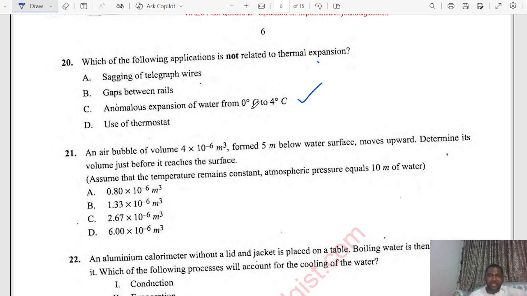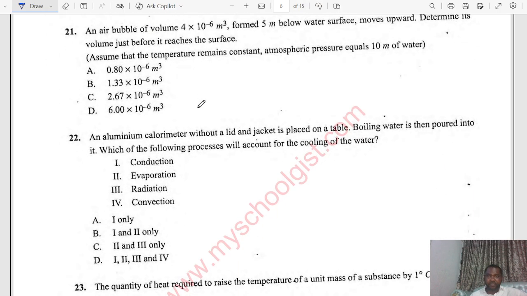Instead of expanding between 0 and 4, it actually contracts. That's why it is called anomalous. But we use expansion in thermostats, in gaps between rails, and in sagging of telegraph wires. These are different applications of expansivity.